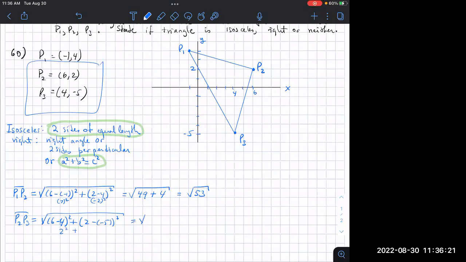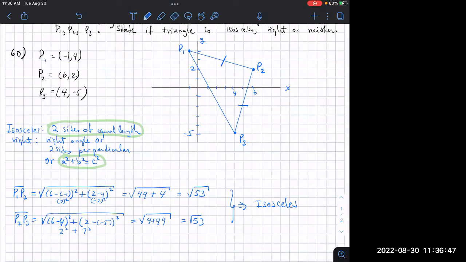So I get 2 squared plus 2 minus -5, which is 2 plus 5, 7 squared. So it's 4 plus 49, 53. So then right away we have isosceles. We found two sides that have equal length, P1, P2, and P2, P3.